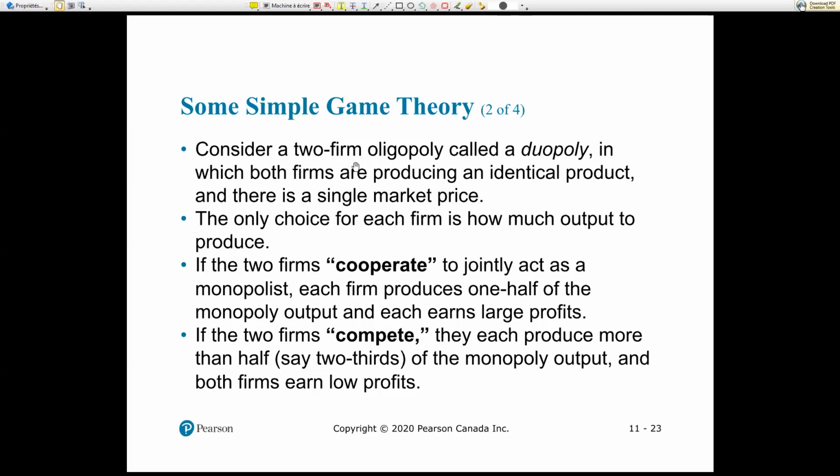You could imagine in real life, in Canada or Quebec, it would be like Videotron against Bell. So you have two large players that have to somehow react to what the other is doing. And here we're going to say, as we were discussing, that you could have two different behaviors or strategies. You can either cooperate with your adversary or compete.